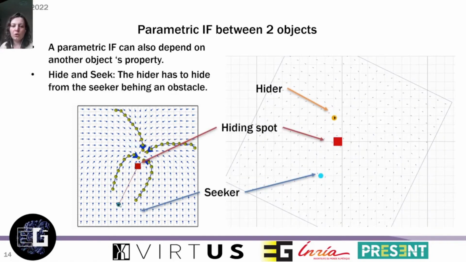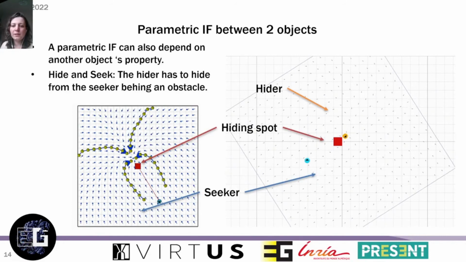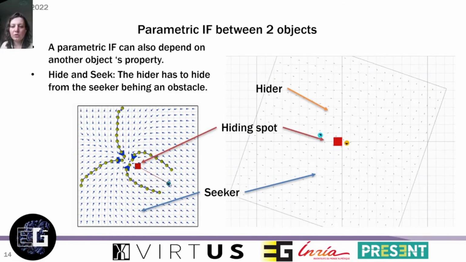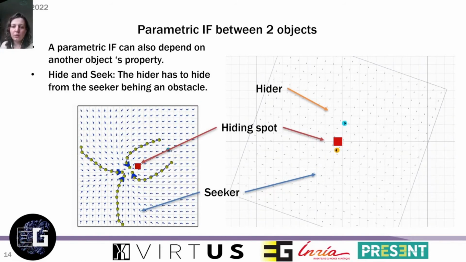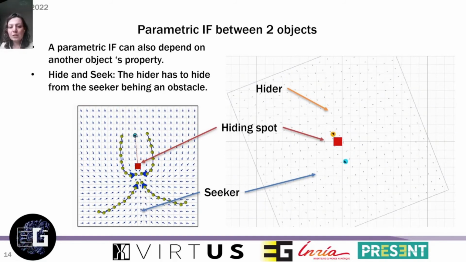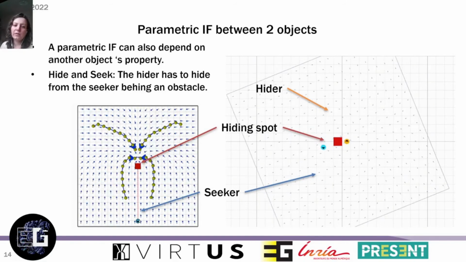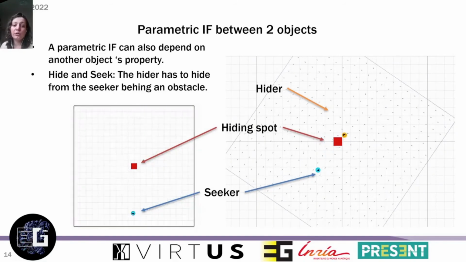And then, during the simulation, the field whose source is the obstacle will rotate around the blue agent position. And by doing so, the hiding spot will always be on the opposite side of the obstacle relative to the blue agent's position, the seeker position.